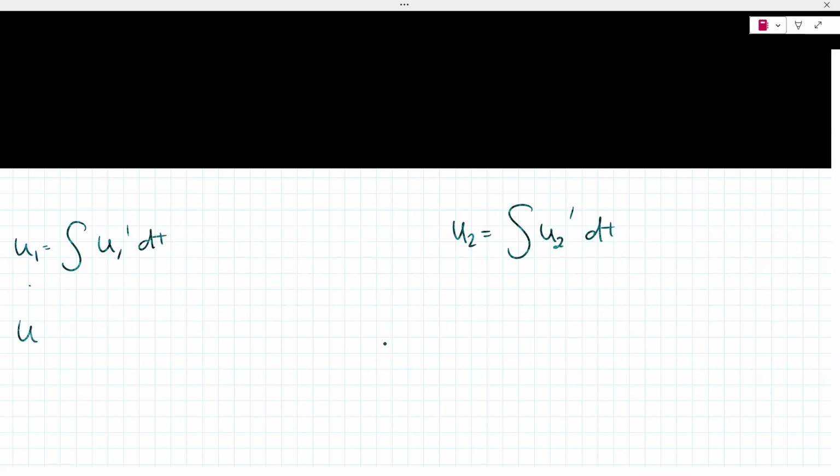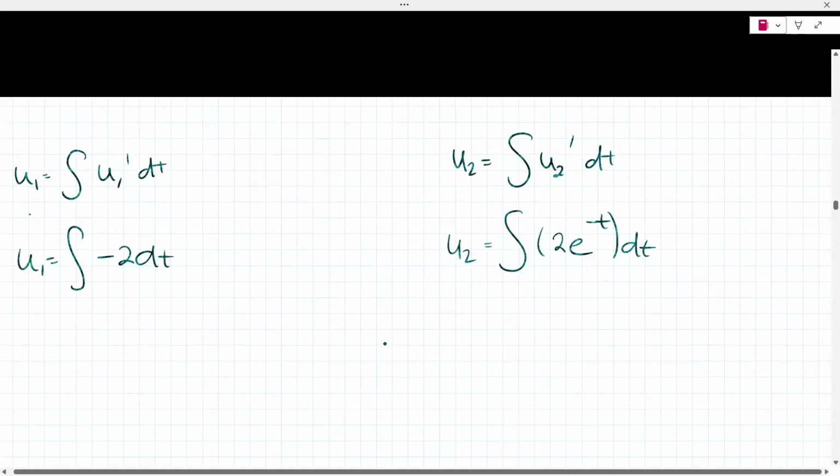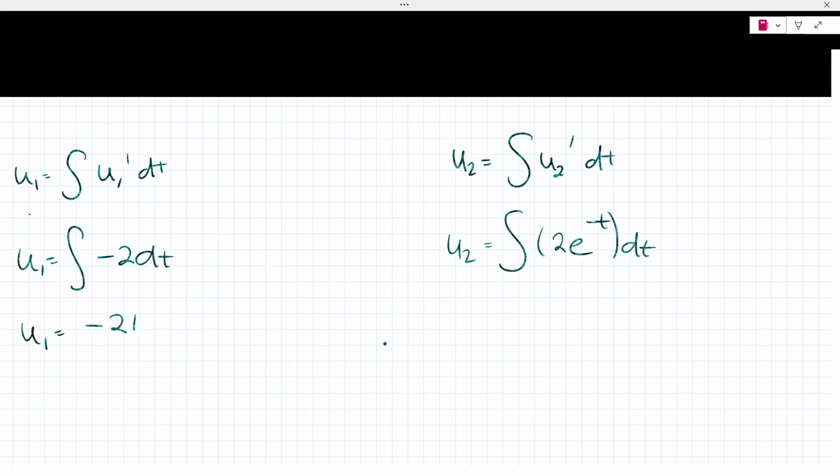So u1 equals the integral of -2 dt, and u2 is the integral of 2e to the -t dt. Okay, let's clean this up. My u1 is, what's the integral of -2? -2t. And u2 equals -2e to the -t.